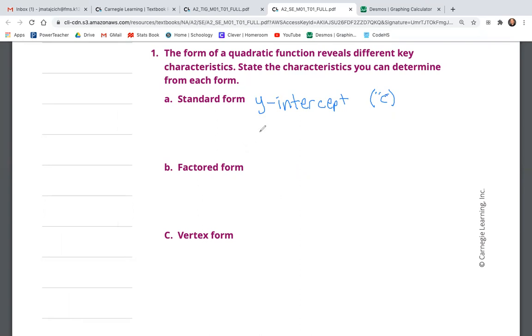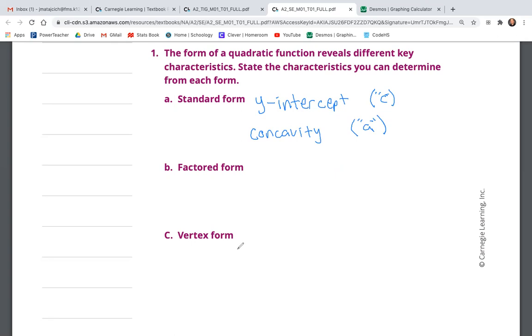The other thing that you can find just by looking at it is concavity. You can determine if it's concave up or down just by looking at the function. And to do that, you would just be looking at A. You're going to look at that very first value, which is known as A.